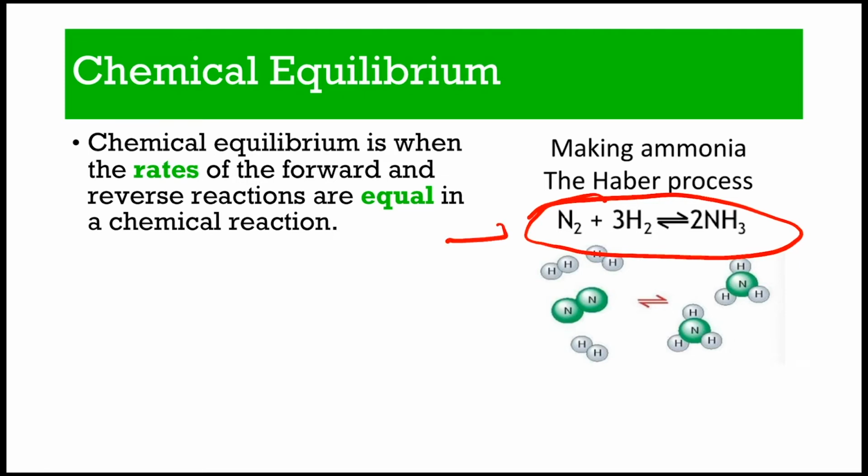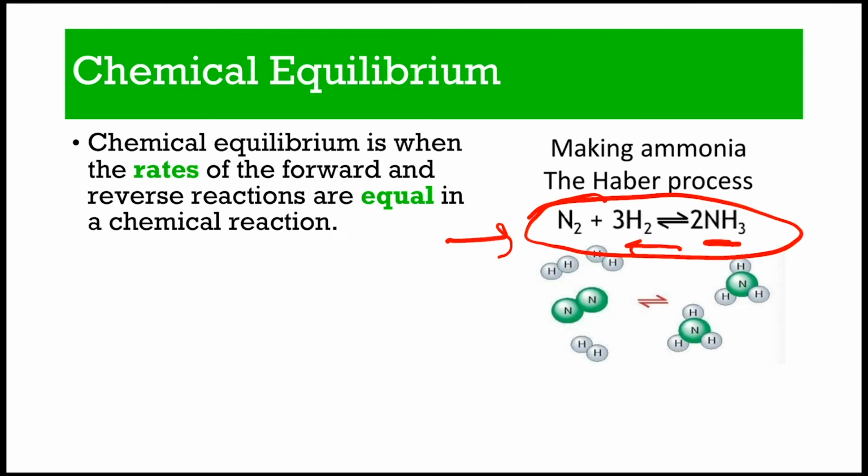In this example, we start with N2 and H2 and produce NH3. In a closed system, the reactants make the products, but you can also work backwards, so the products make the reactants.